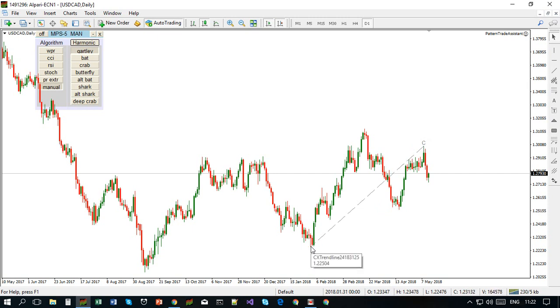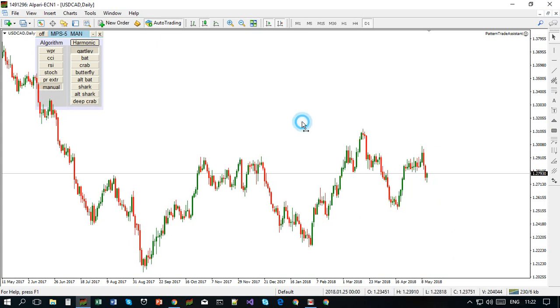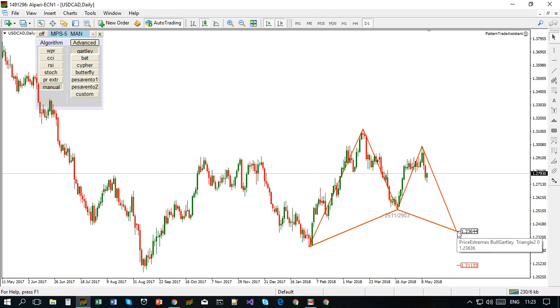Let us stretch the diagonal, and you see this ABCD complemented with B2C inversion and plus 786 retracement. You see this? Let's delete this stuff. Let us switch to advanced pattern approach. Disable all this stuff and enable only Gartley and draw it to diagonal. So you see the completion goes slightly deeper.